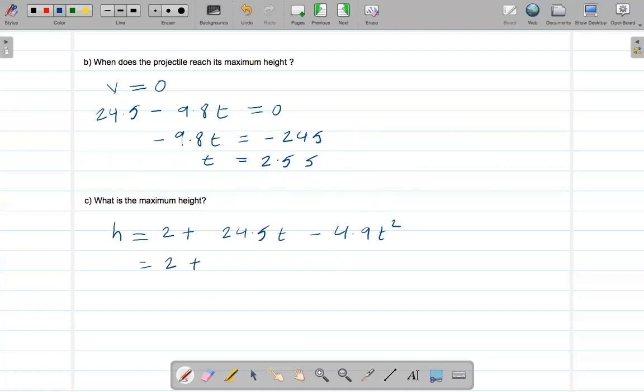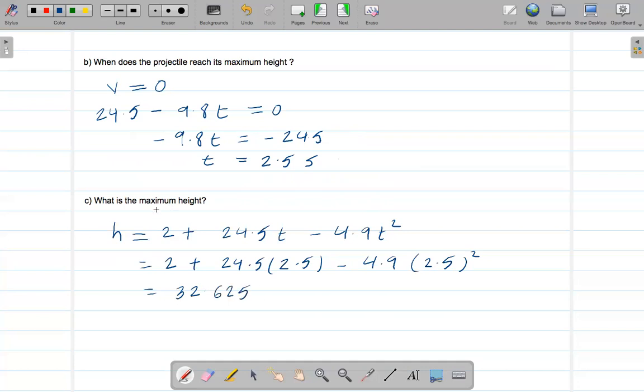So 2 plus 24.5 times t, which is 2.5, minus 4.9 times 2.5 square. You just do the calculation part by yourself, and I'll give you the final answer. So this is 32.625.